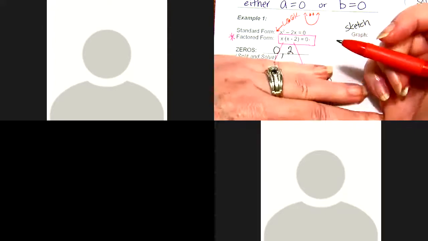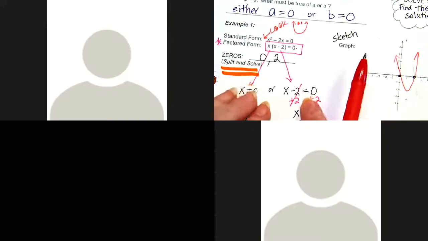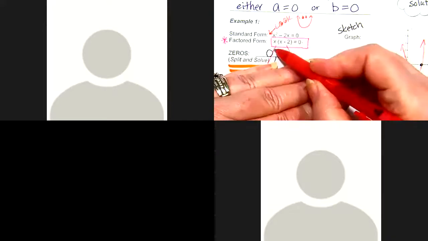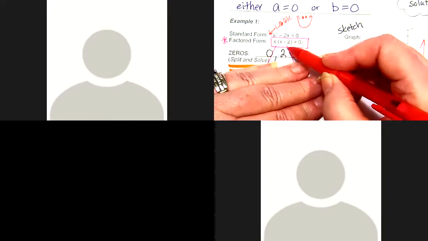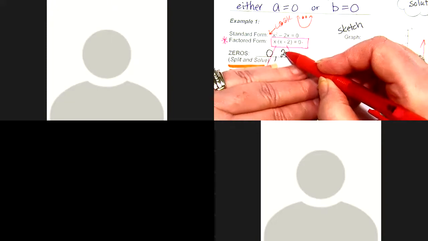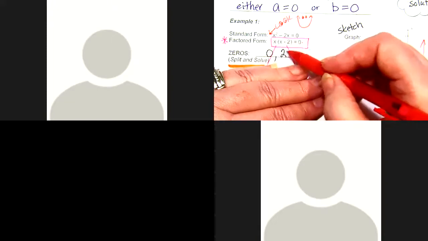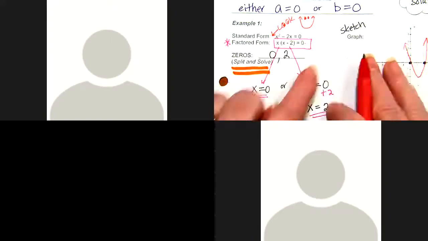And really, when you see an x all by itself in front, then it's going to be 0. If you practice, you'll be able to solve this one without doing split and solve. You can go, oh, there's an x in front by itself, so that's a 0. That's a -2, so this is a +2. So again, within 5 or 10 minutes, you'll be able to do this one without doing this part.